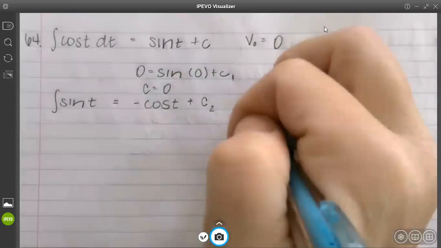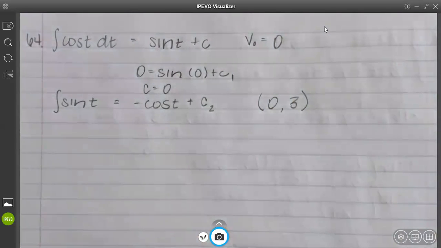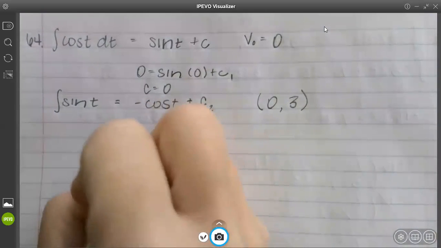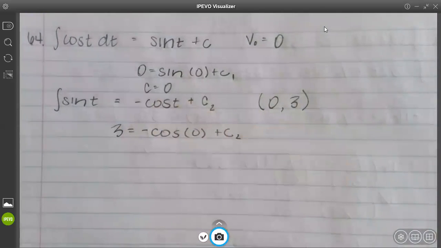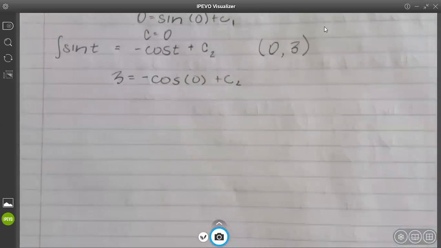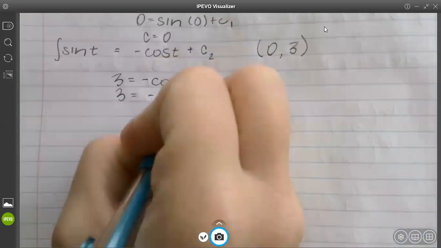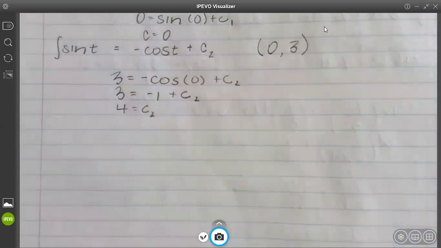And then it gave us x is 0, then it's going to equal 3. Is everybody good with that? That was in the actual word problem. So it says I'm going to get 3 if I plug in 0. When you plug in negative cosine 0, you get -1, which means that C2 is 4.